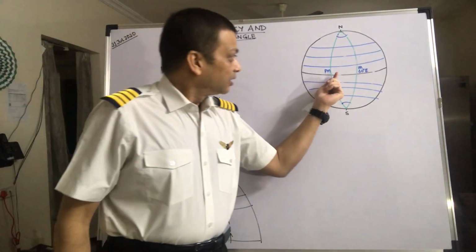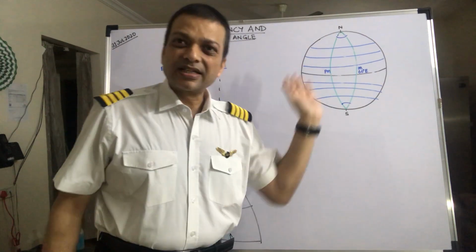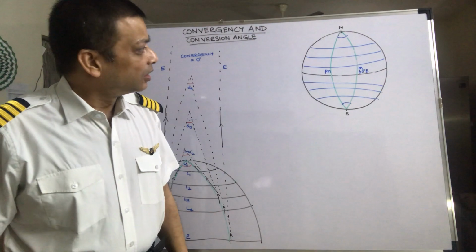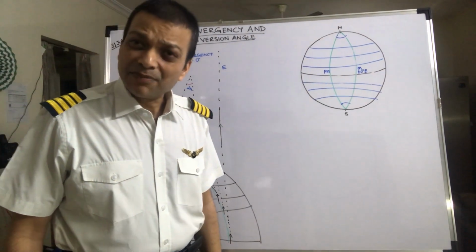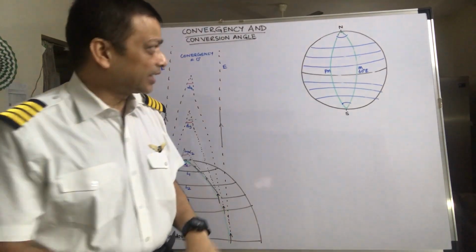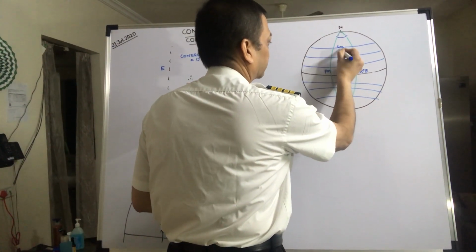Now, this meridian is at the equator 60 degrees east of the prime meridian. It is the same 60 degrees east if we take a particular latitude, let's say L1, or L2, or L3.